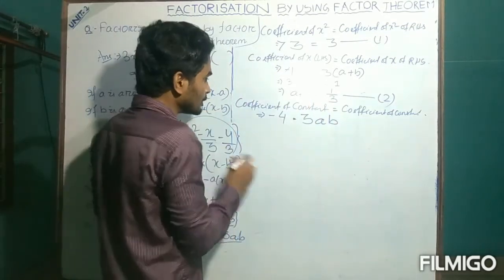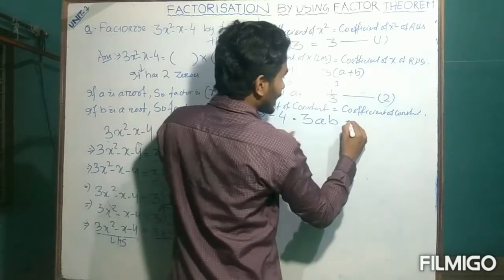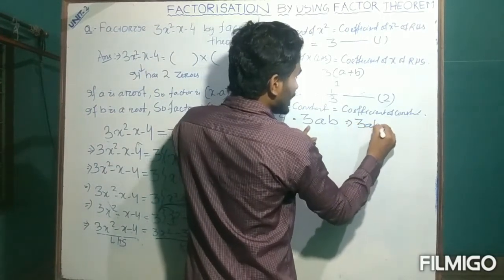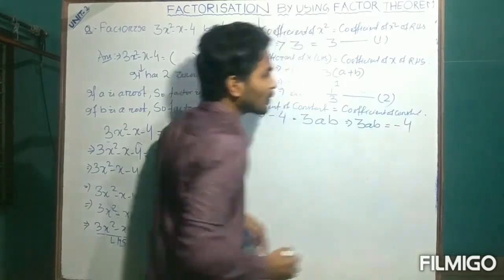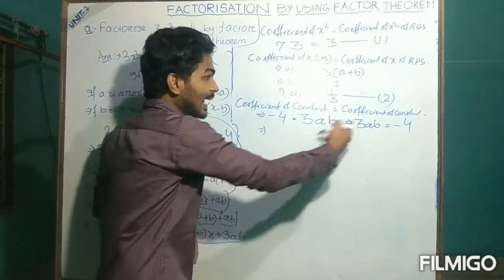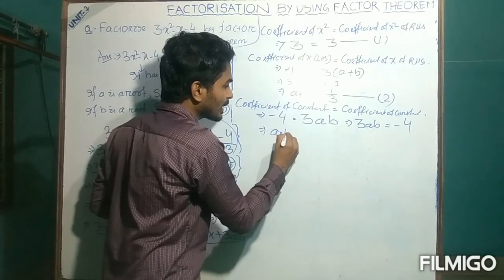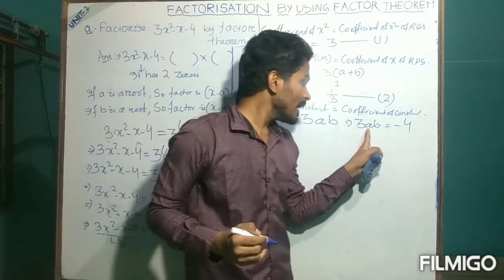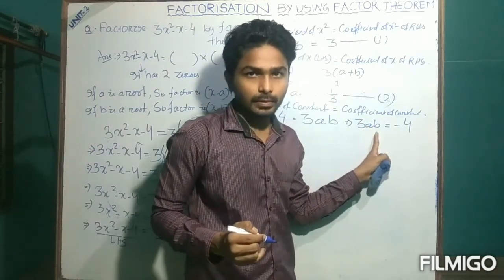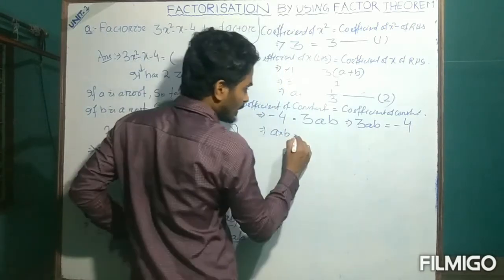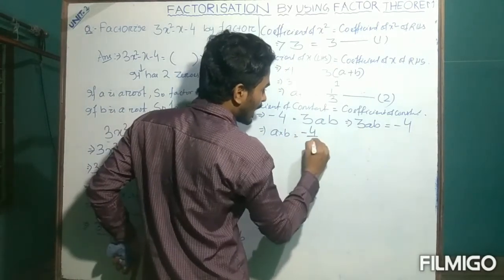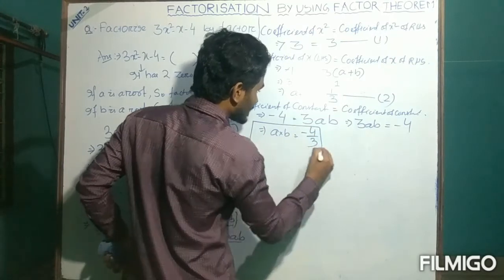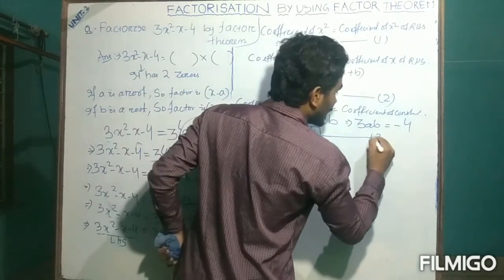Now I write it conversely. So I can write 3ab is equal to -4. Now we will find ab, a into b. Why am I finding a and b? Because these two are unknown terms. So it will be -4 by 3. This is equation 3.